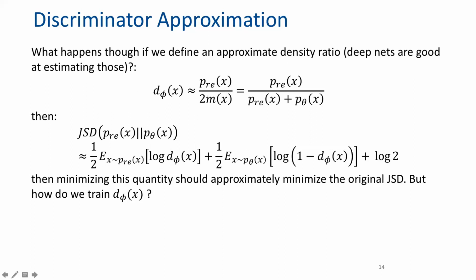So 1 minus d puts p theta on the top over the sum. In other words, this is still the previous term, which was p theta over p theta plus p real. And then this term here ends up giving us a log 2 at the end.